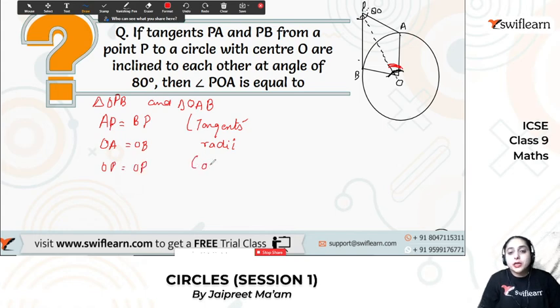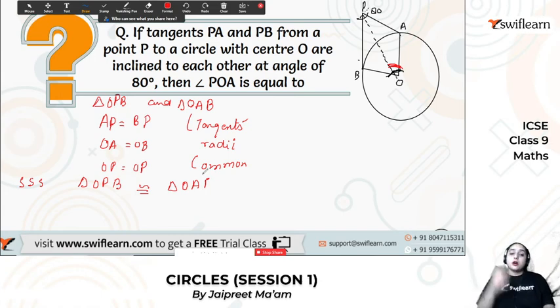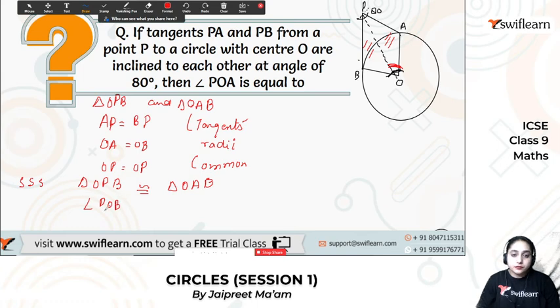So which property is this? This is side and side property. By this SSS property, we have proved that triangle OPB is congruent to triangle OPA. If these two triangles are congruent, that means angle POB is equal to angle POA.